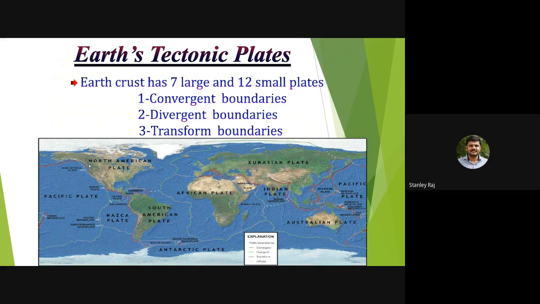So we have these zones which are heavily affected: the Pacific plate, North American plate, African plate, Indian plate, Eurasian plate, Australian plate and Antarctic plate. We are on the Indian plate, and we don't have any plate boundaries very nearby.